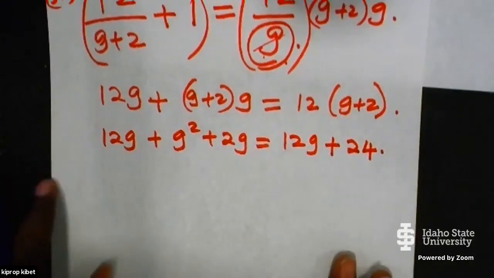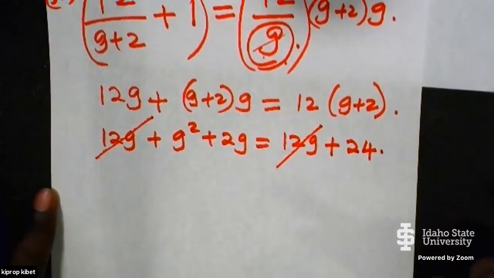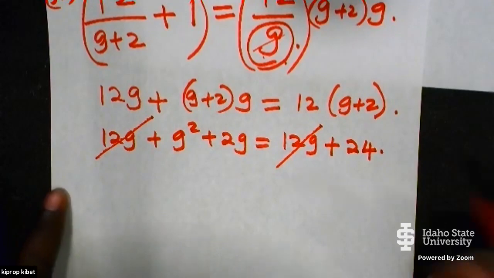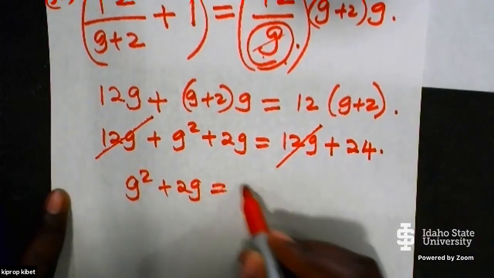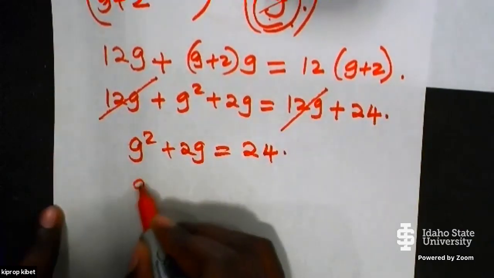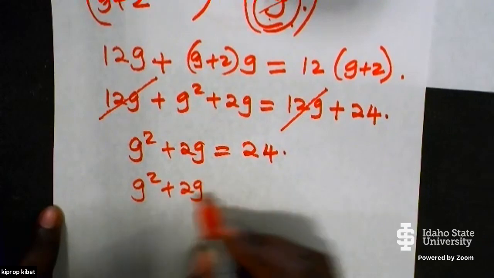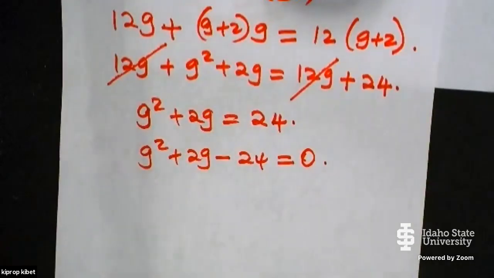This 12G will cancel with that, so you remain with G squared plus 2G equals 24. So G squared plus 2G minus 24 equals 0. So that is a quadratic equation.